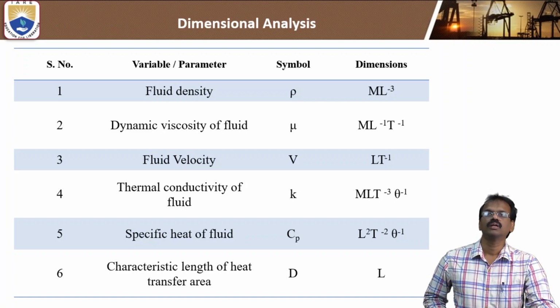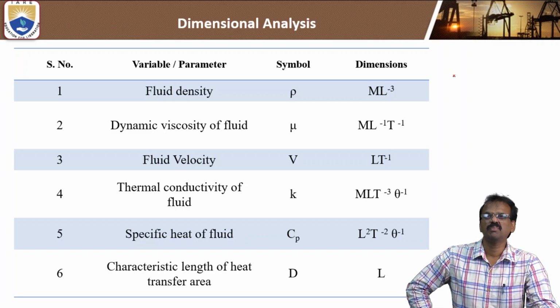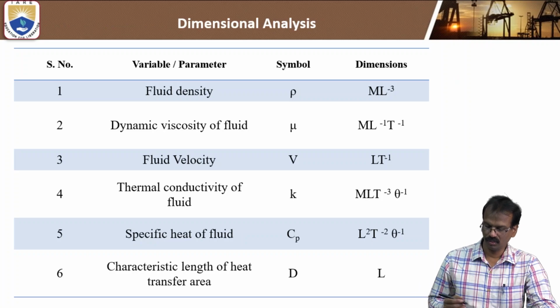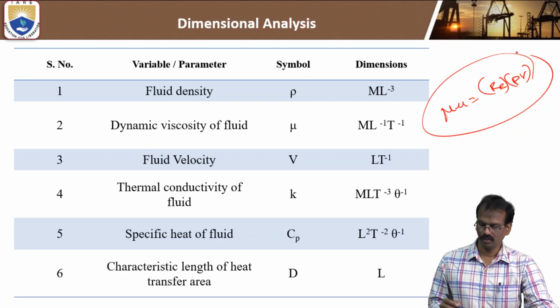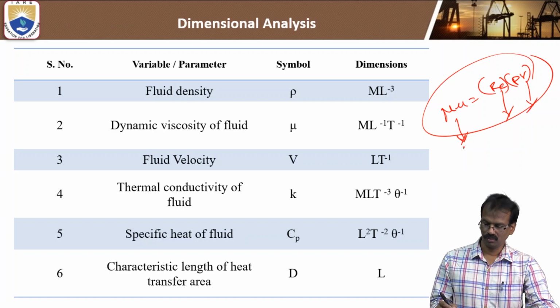We will solve this forced convection process by using dimensional analysis. We know that in forced convection, the Nusselt number is a product of the Reynolds number and the Prandtl number. Finally, we will get 3 dimensionless numbers: the Nusselt number, the Reynolds number and the Prandtl number.